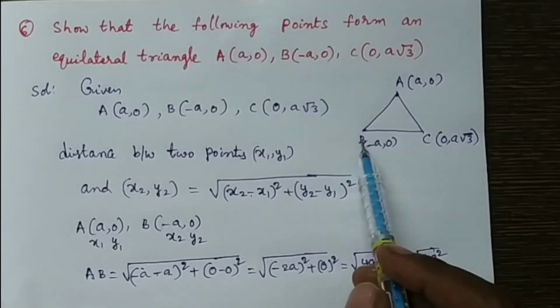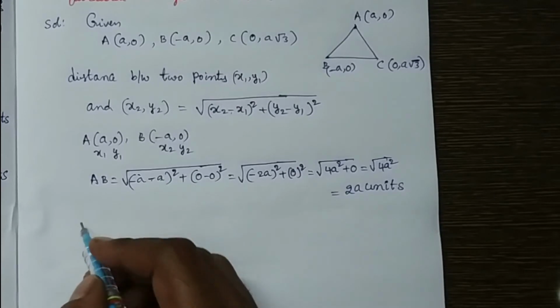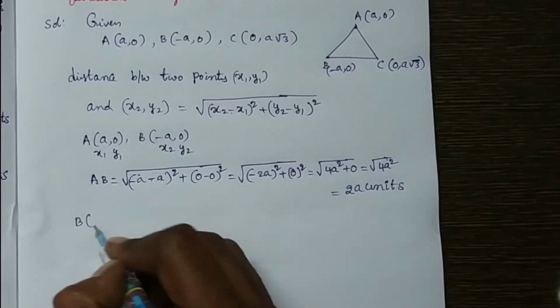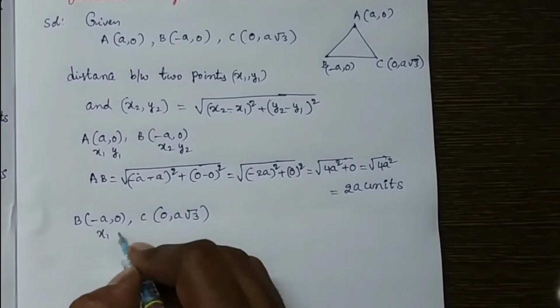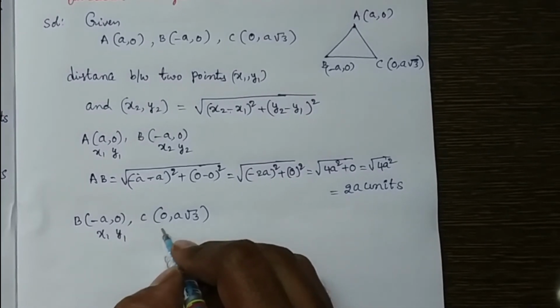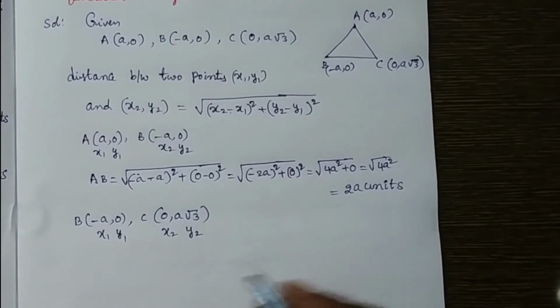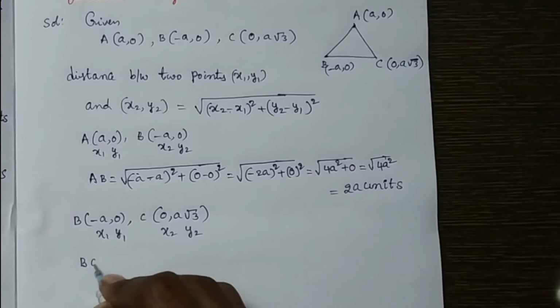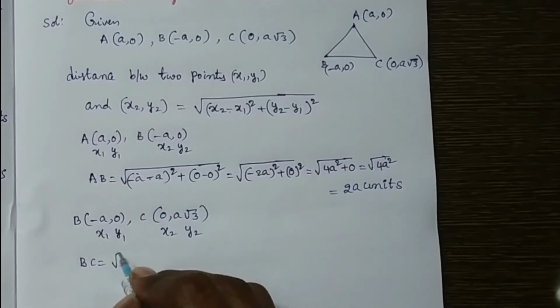Next come to the side BC. Take the points of BC, take this one as x1, y1 and the other as x2, y2. We have to find the length of BC by using the distance formula.